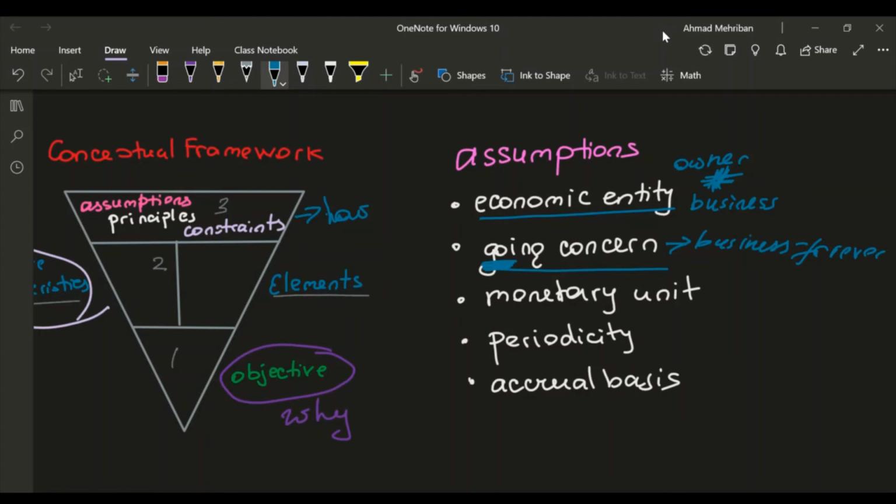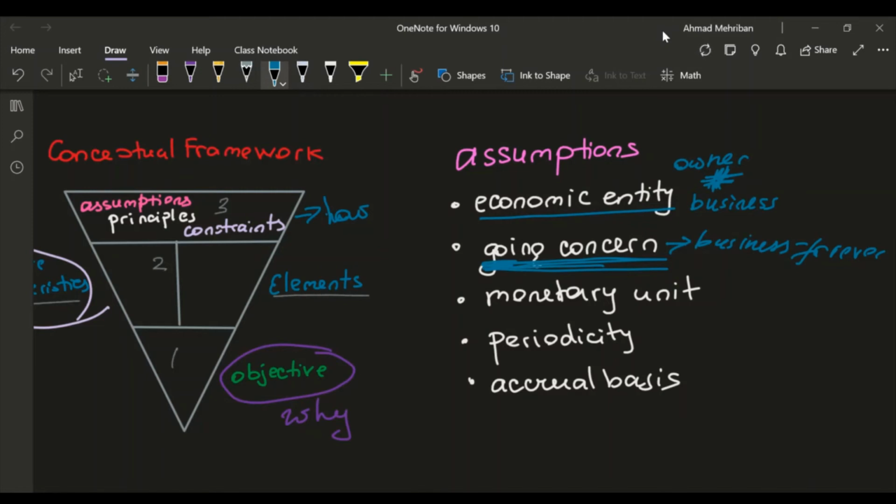So we are not building our financial reporting assuming that maybe next year or the year after we will go bankrupt. No. We keep thinking of going forward. So going concern implies that we, as accountants, always consider the business to exist forever.